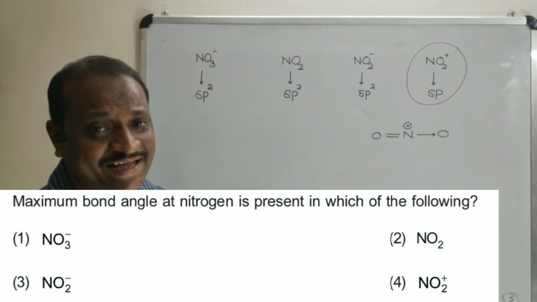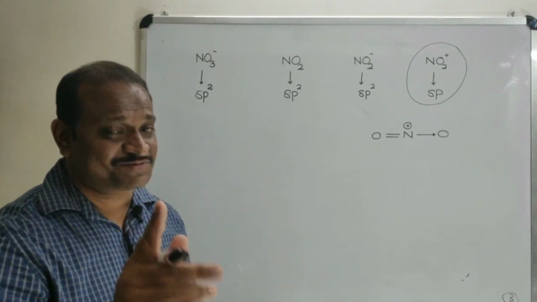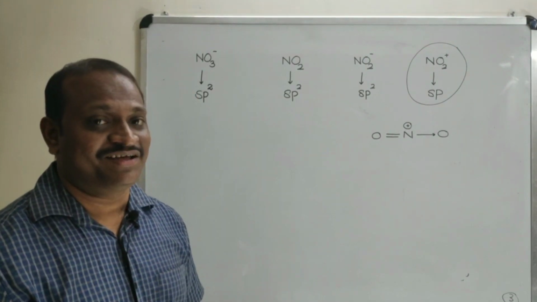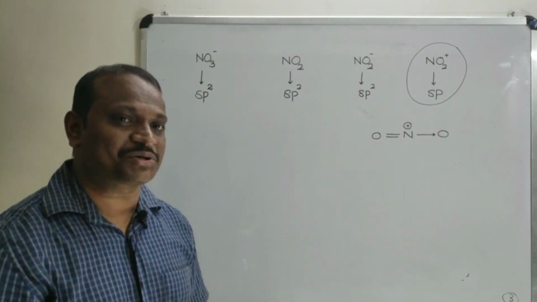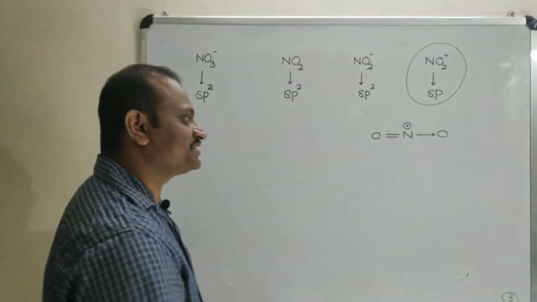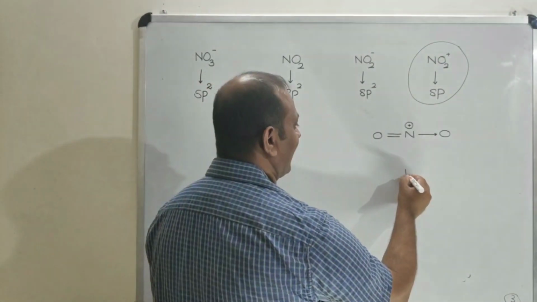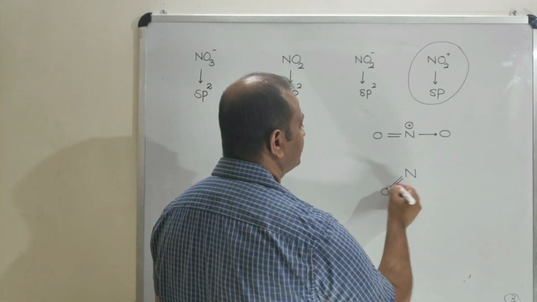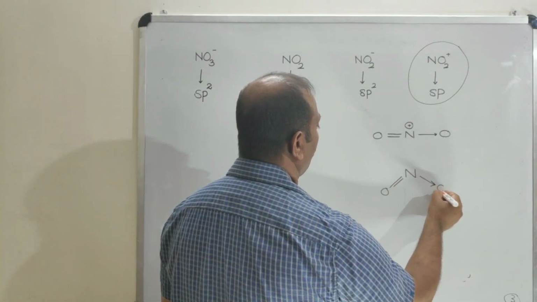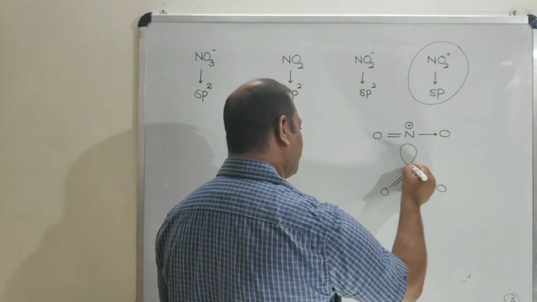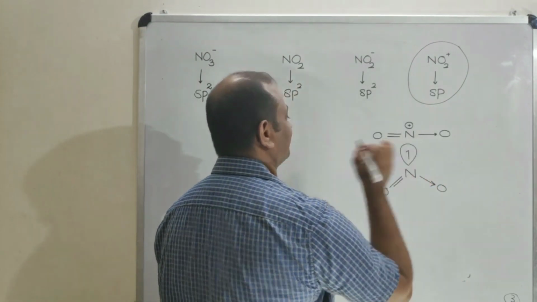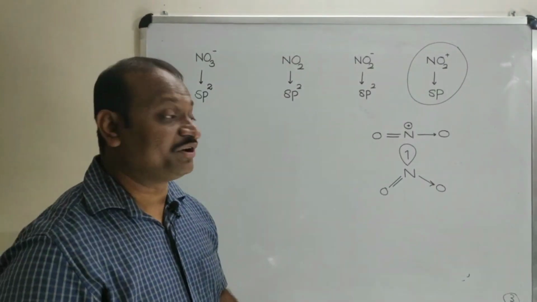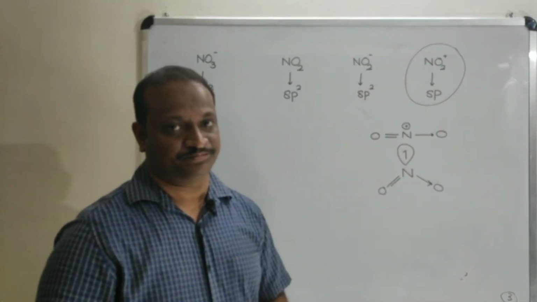When you come to NO2, it has a speciality. It is a molecule which contains an odd electron. That odd electron is present here. We have N, then double bond O, here coordinate bond O, then we have a lone pair, but only one electron. So the repulsion is not that much.